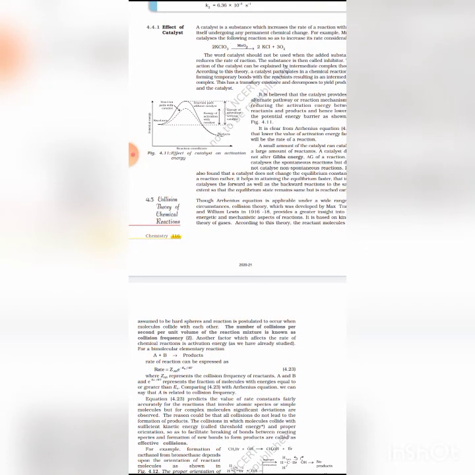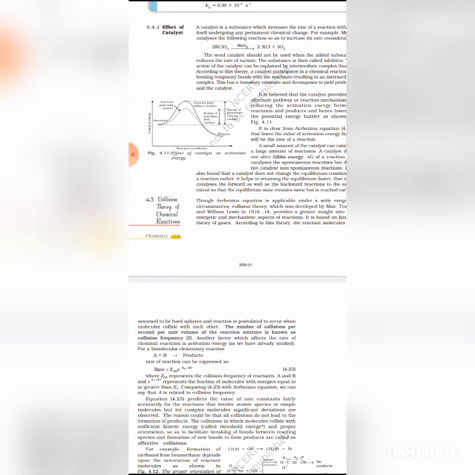Okay, now catalyst. A catalyst is a substance which alters the rate of reaction without itself undergoing any chemical change at the end of the reaction. For example, the catalyst MnO2, manganese dioxide, increases the rate of decomposition of potassium chlorate to a great extent. According to intermediate complex theory, a catalyst participates in a chemical reaction by forming temporary bonds with the reactants, resulting in an intermediate complex.